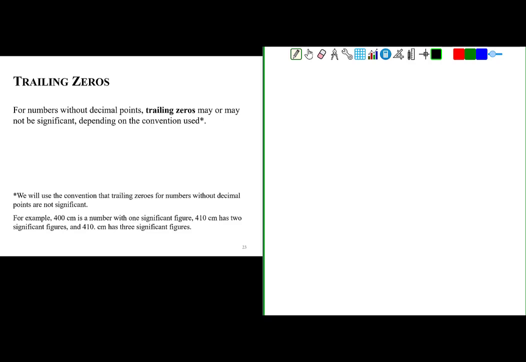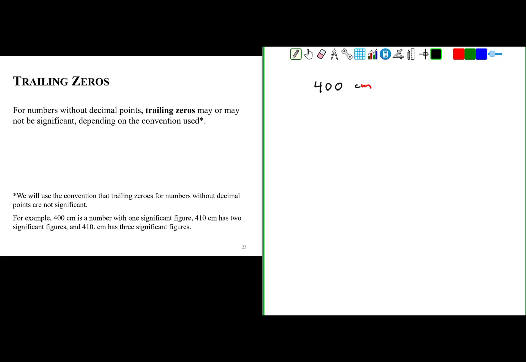Here's where the rule becomes ambiguous. What if we don't have a number with a decimal point? Let's say we have the number 400 centimeters. Are those zeros significant or not? Well, for numbers without decimal points, trailing zeros may or may not be significant, depending on the convention used.